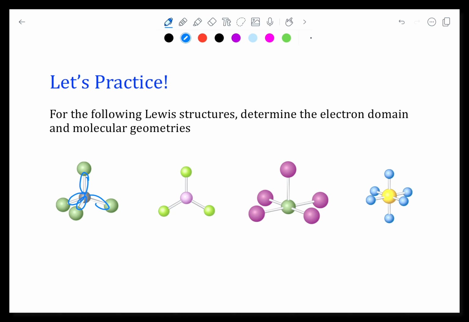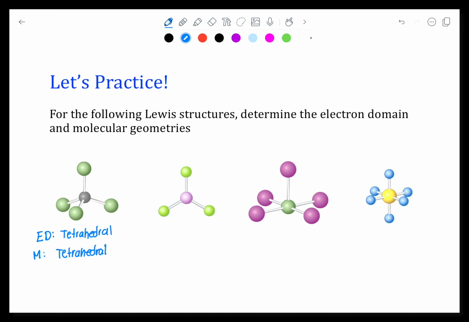Okay, all of our angles look correct. We have 109 degrees between all of those. So our electron domain geometry is going to be tetrahedral. Okay, and our molecular geometry is also going to be tetrahedral.